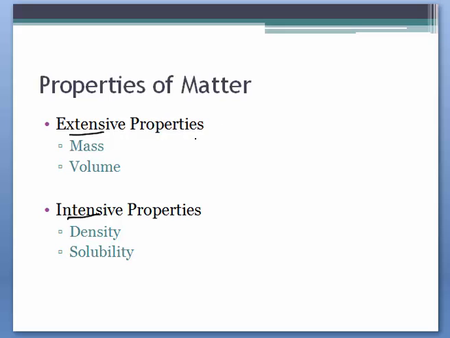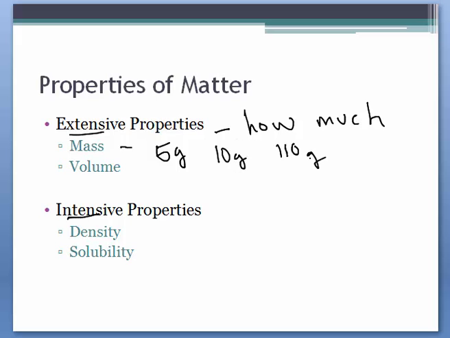Extensive properties are properties that depend on how much of the substance you have. So for example, your mass, you could have 5 grams of water, you could have 10 grams of water, you could have 110 grams of water.